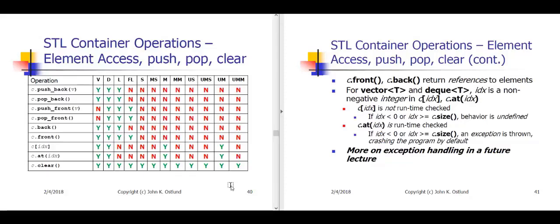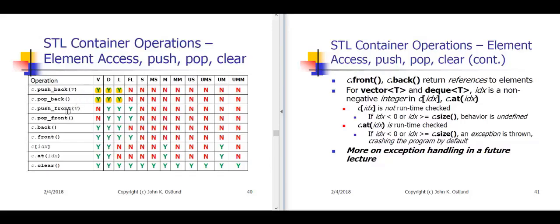And by efficient, what we mean is that it's order 1, that is a constant time operation. So we know that push back is efficient for vectors, decks, and lists, but not for forward lists. And it shouldn't be any big surprise that pop back, which takes the backmost element from the container, is also efficient for vector, deck, and list.